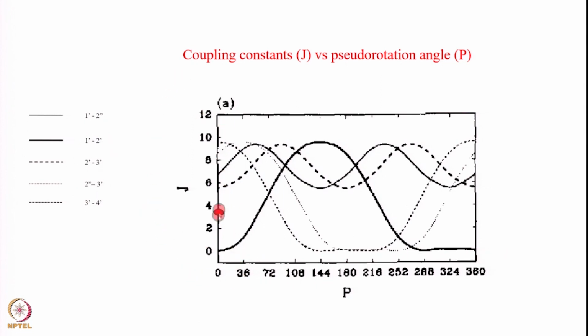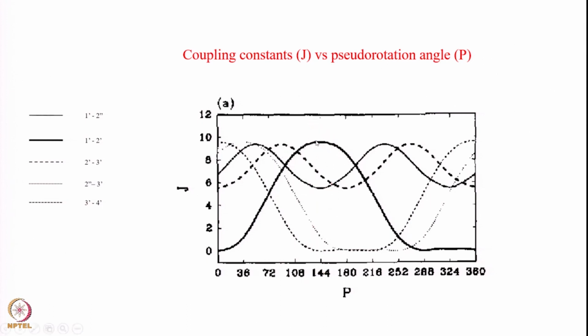The coupling constants vary with P in this manner. This big one here is the 1 prime 2 prime coupling. It peaks at about 10 Hertz for the C2 prime endo geometry.